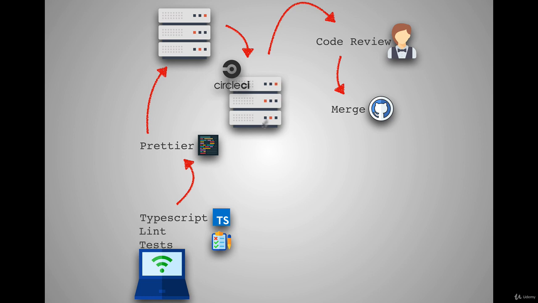And CircleCI is a software as a service solution. It hosts servers for you, and you don't have to worry about it. They'll manage the server, and they'll run the tests for you. All you need to do is just tell them what they need to run.